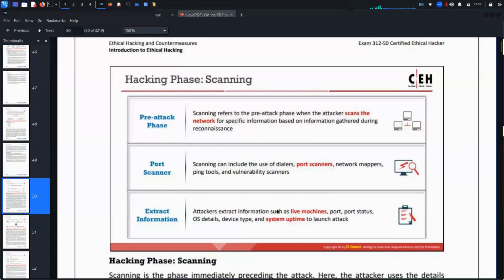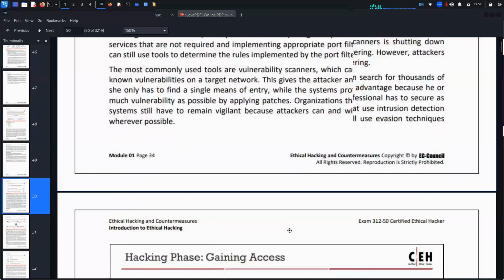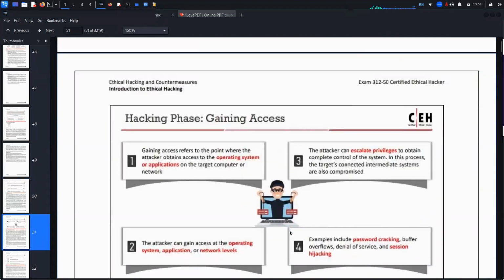Now we can extract information from that, such as open ports, as we just saw in the scan, live machines, port statuses, OS details, device type, system uptime, and everything of that sort. Then comes the actual hacking part, as we call it, and that is gaining access. Gaining access refers to the point where the attacker obtains access to the operating system or application on the target computer or the network.